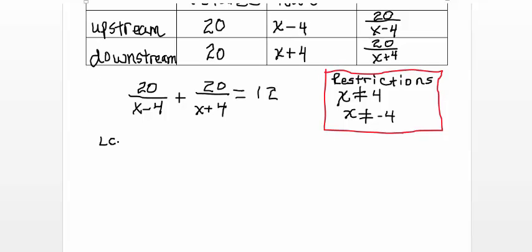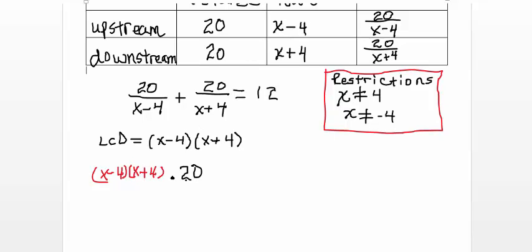So if either of these values shows up as a possible solution, they have to be rejected. Our LCD is the product of our two denominators, x minus 4 times x plus 4. These are completely different factors that have no common factors.